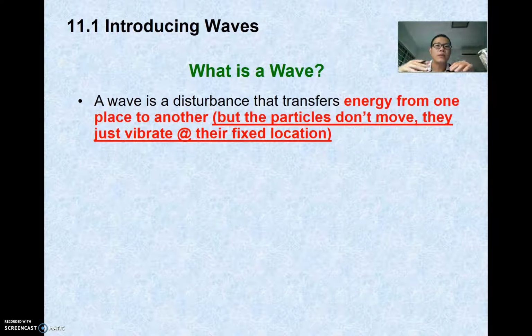This different setup of wave motion allows energy to be transferred from one location to another location. We can take wave motion as a repetitive motion, whereby a particular frequency or a particular design is repeated and repeated, and this series of repetitive motion is what we call a wave motion.